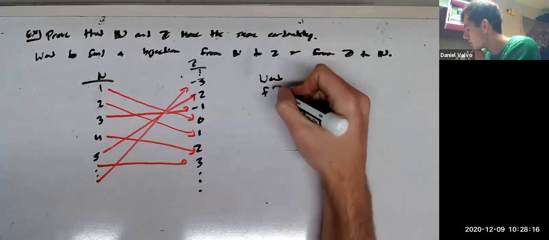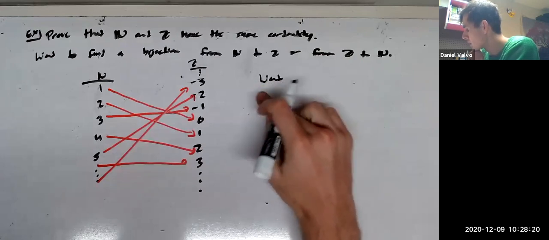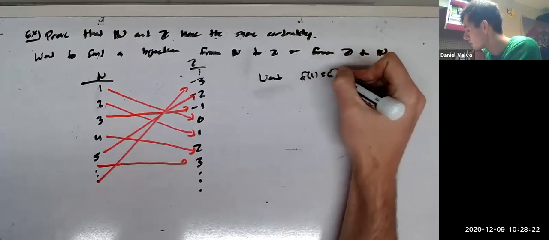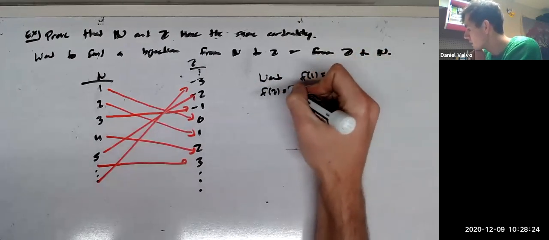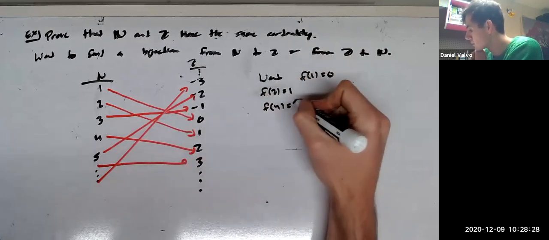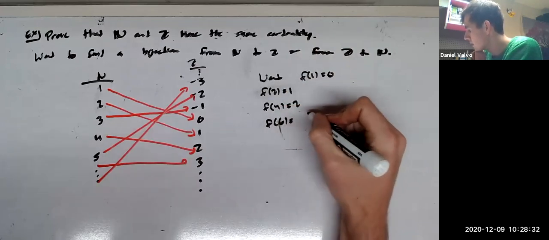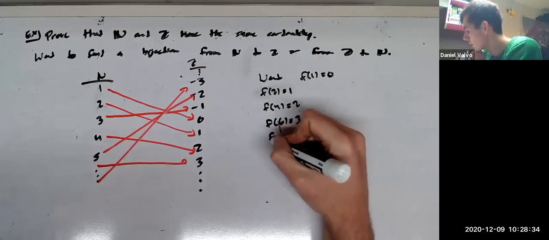So we want a function f such that, well, we want f of 1 to be 0. But then we want f of 2 to equal 1. We want f of 4 to equal 2. F of 6 to equal 3.